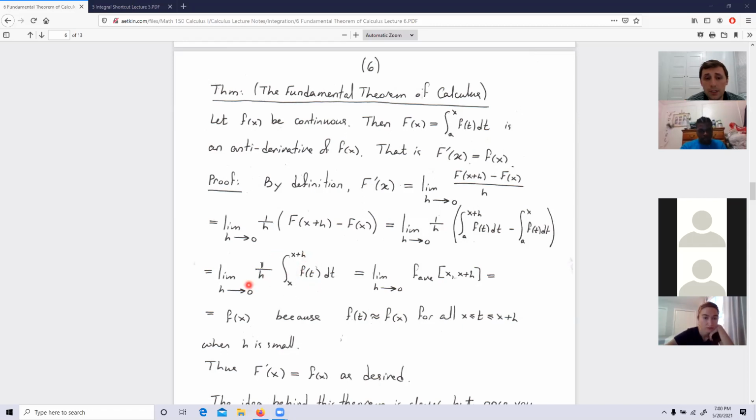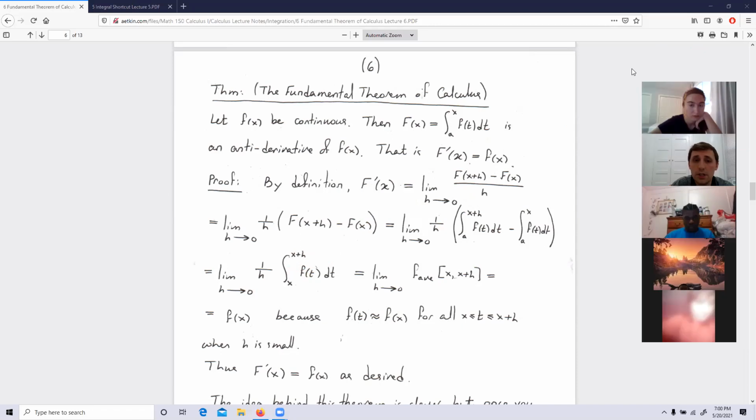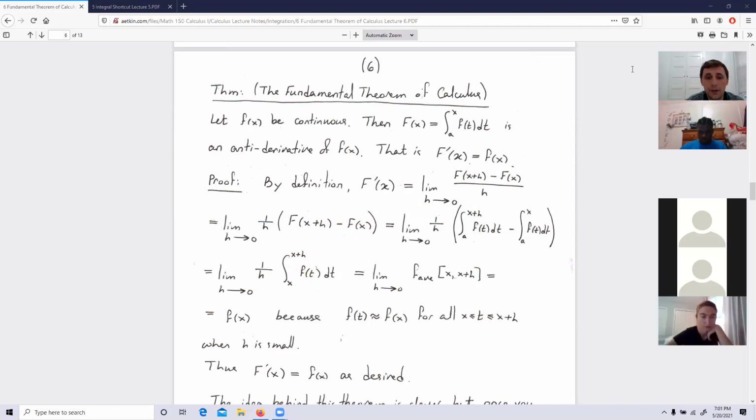And this step is nothing else but the average of the function f from x to x plus h. Now the function is continuous, guys, meaning that if h is very small, the average is going to be very much like the value of the function at x. So the result is going to be little f of x. Do you see that?